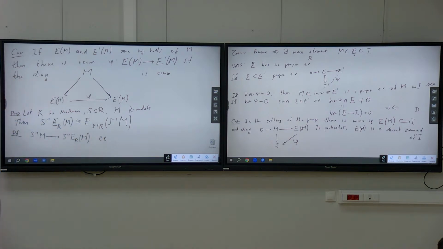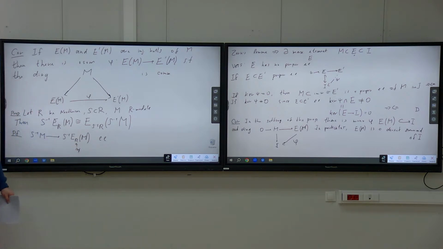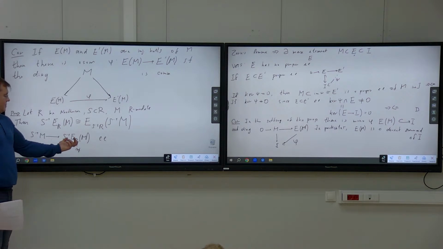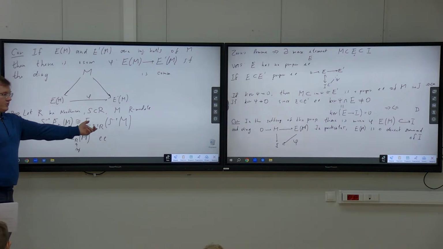And we also know that localization of an injective module is injective. So it's an essential extension and the second module is injective. So this thing is exactly the injective hull of this module. But the injective hull is unique up to isomorphism, so it has to be isomorphic to this thing.